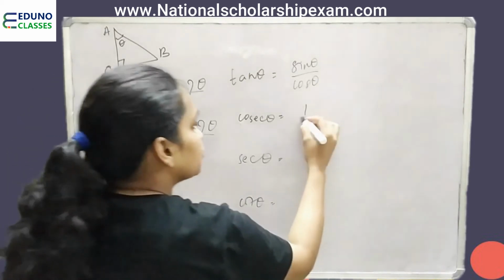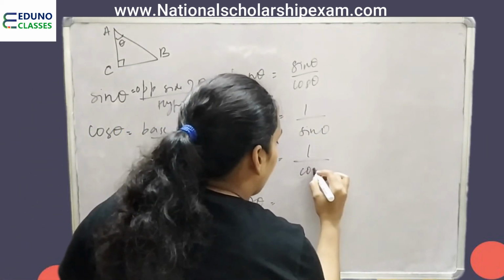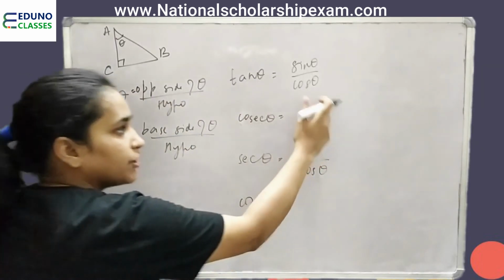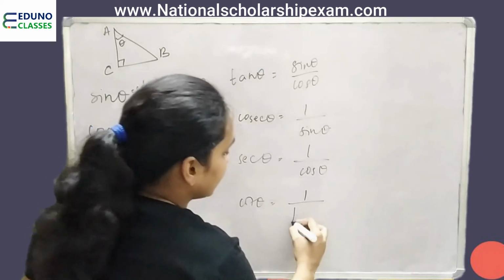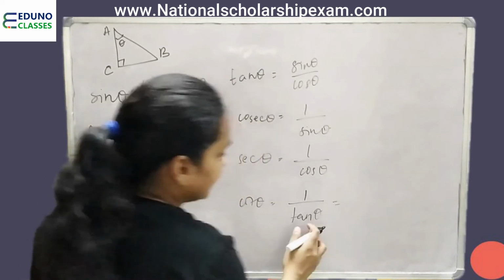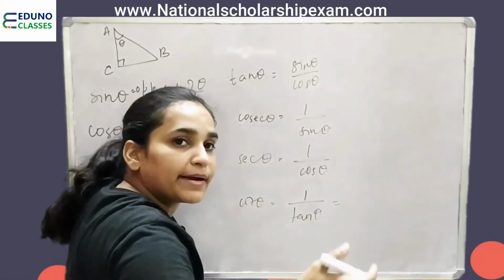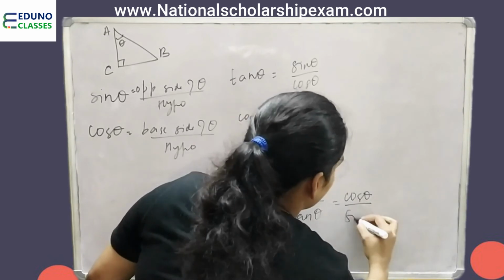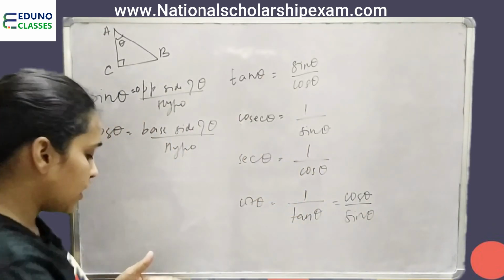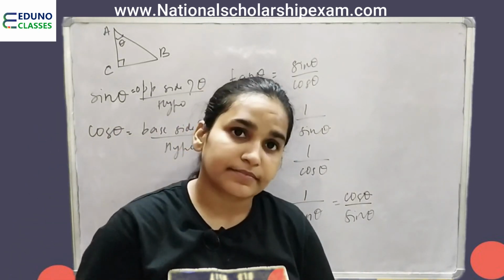Cosec theta is equal to 1 upon sin theta. Sec theta is equal to the reciprocal of cos theta. And cot is the reciprocal of tan theta, and tan theta is sin upon cos. So the reciprocal of sin upon cos will become cos upon sin theta. So we have expressed all trigonometric ratios in terms of sin theta and cos theta.